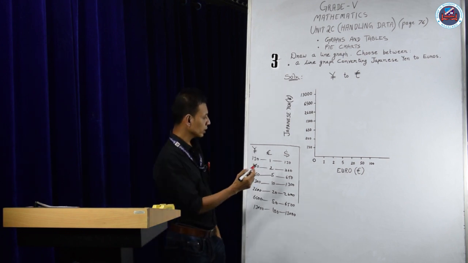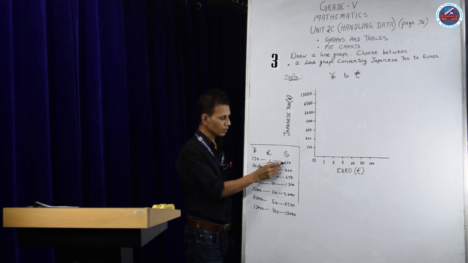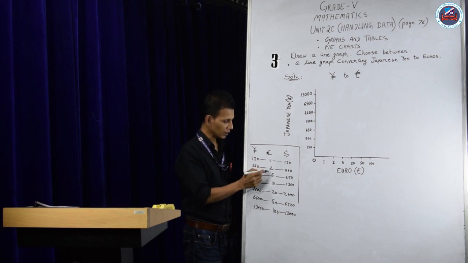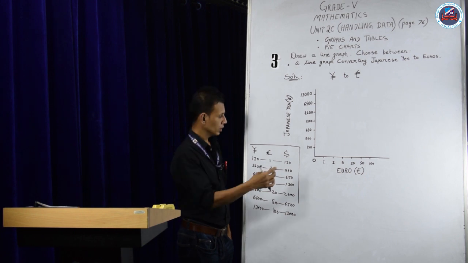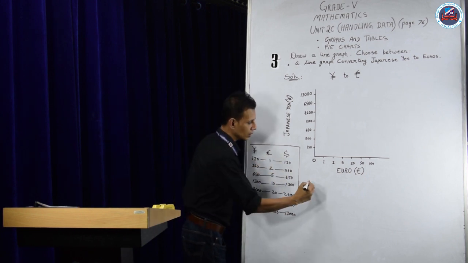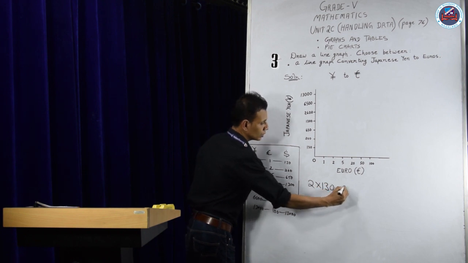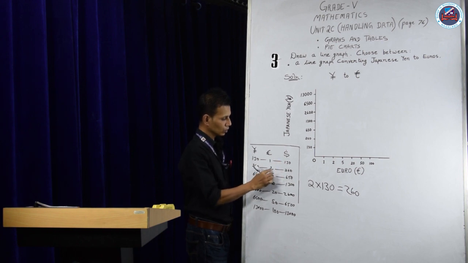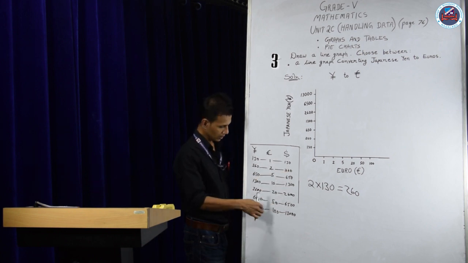All you need to do is multiply whatever you are searching by 130. For example, if you want to know how much 2 euros is in yen, you do 2 into 130, that you will get 260. Multiply by 130: 2 into 130, 5 into 130, 10 into 130, 20 into 130, 50 into 130, and so on.